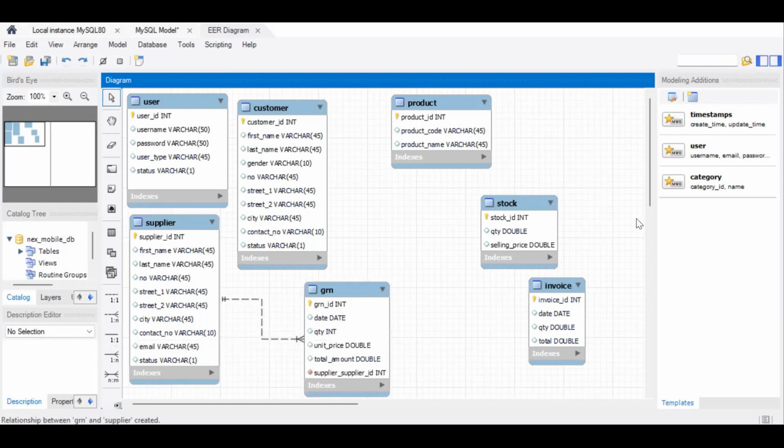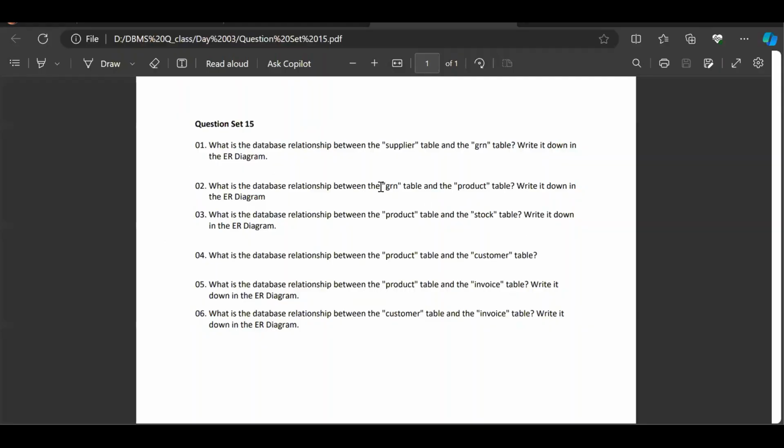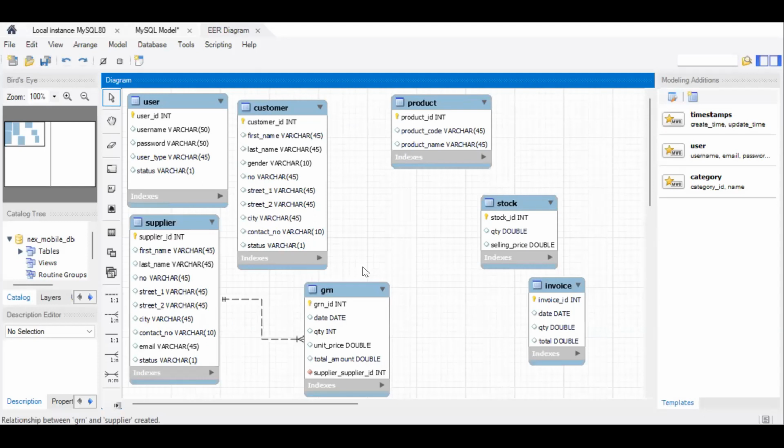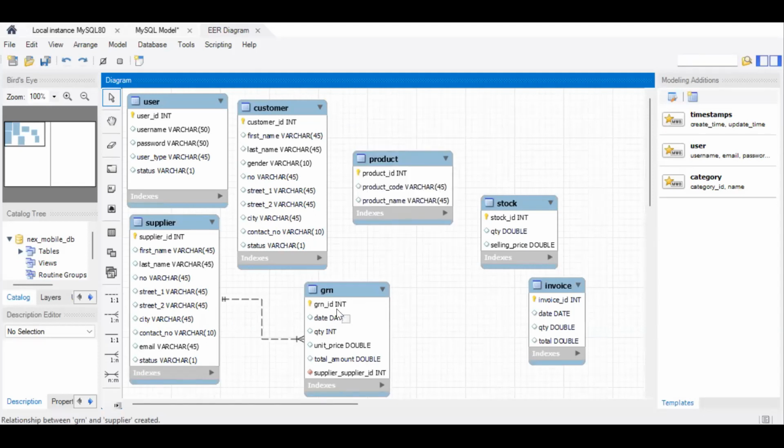As the next question, it's asking about the relationship between the GRN table and the product table. One goods received note can include several products, but one product can be in only one goods received note. So on this occasion also, we can use a one-to-many relationship with the product table as the many side and the GRN table as the one side.